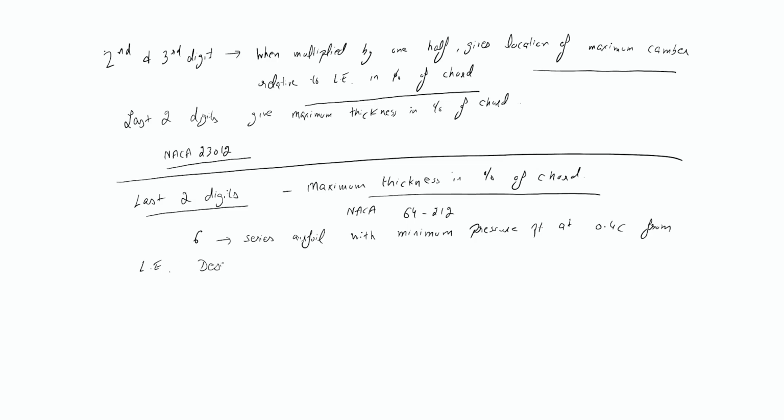Design lift coefficient is 0.2. Six series airfoil, the minimum pressure at 0.4 C from the leading edge. The design lift coefficient is 0.2 and the maximum thickness is 12% of chord.